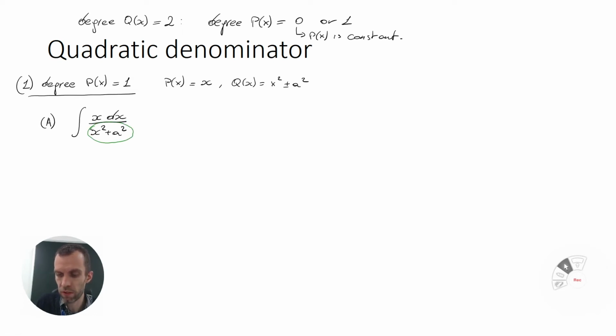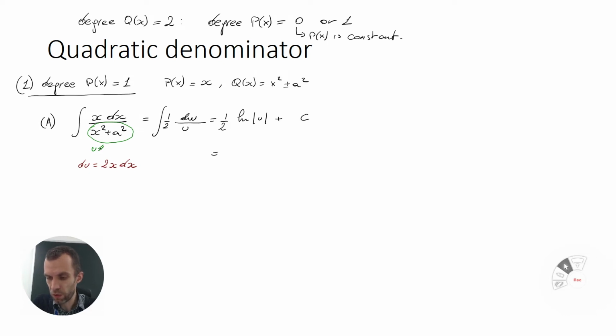You can take the denominator and call that u, and then du is 2 times x dx. And so substituting that back, you get 1/2 du divided by u, and that gives us 1/2 ln of the absolute value of u plus c.